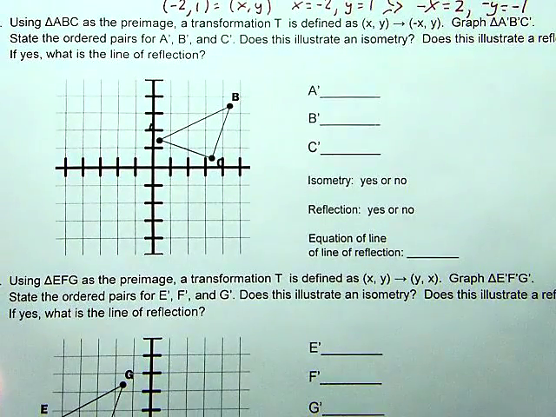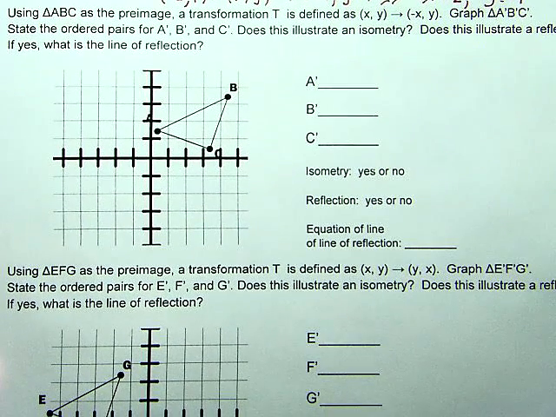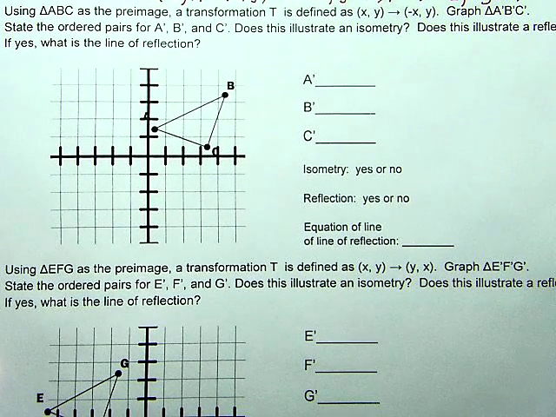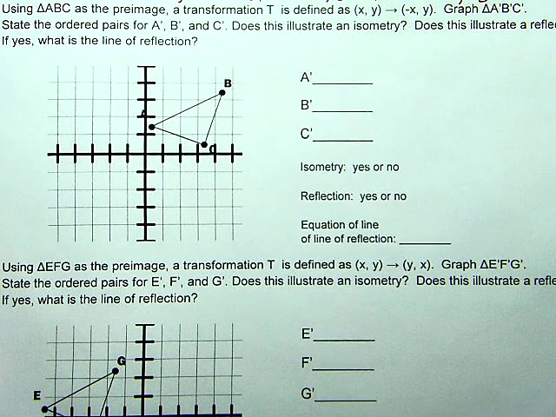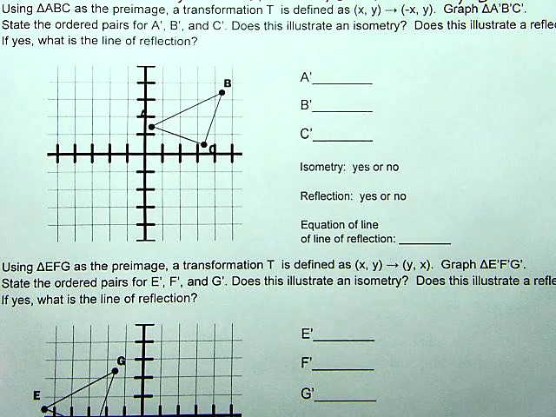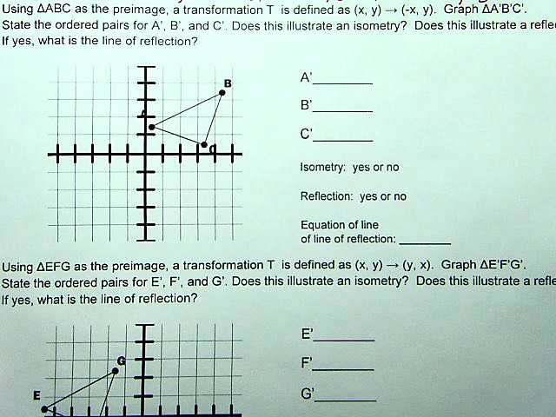Using triangle ABC as the pre-image, a transformation T is defined as taking x comma y into negative x comma y. We're being asked to graph the triangle A prime, B prime, C prime, which are the images of A, B, and C, state the ordered pairs for these 3 points, and then answer some questions about the transformation.